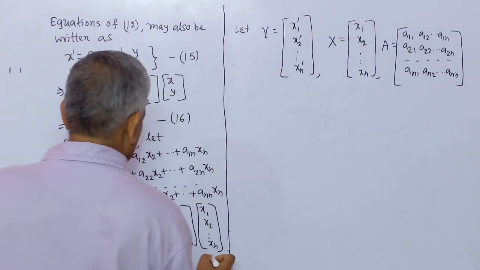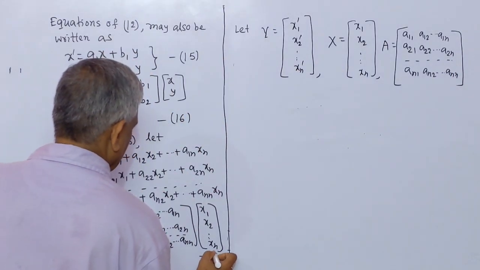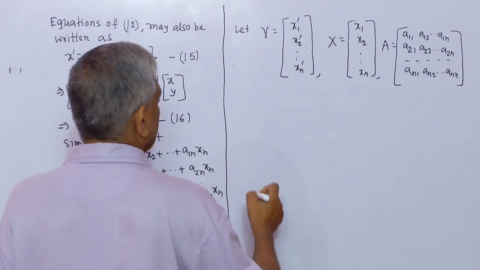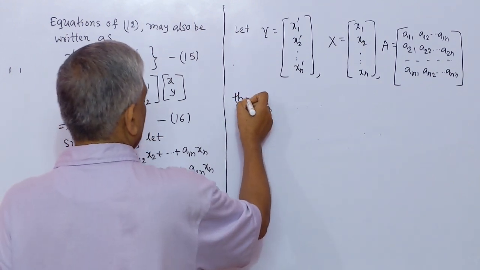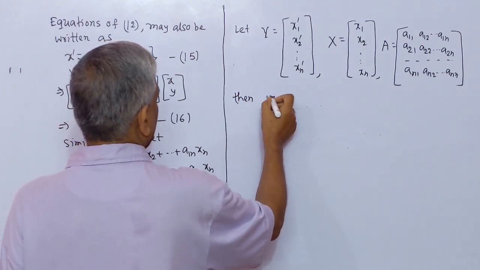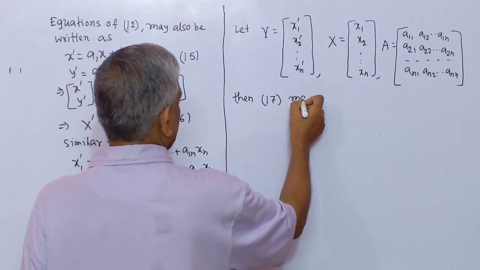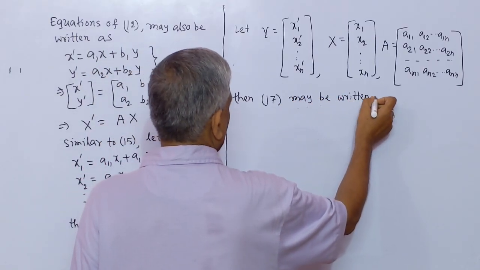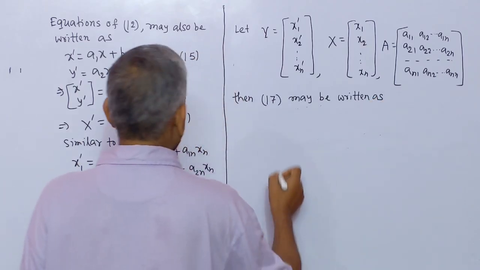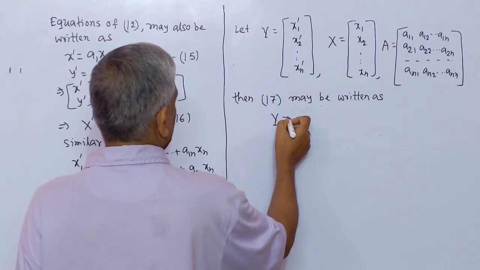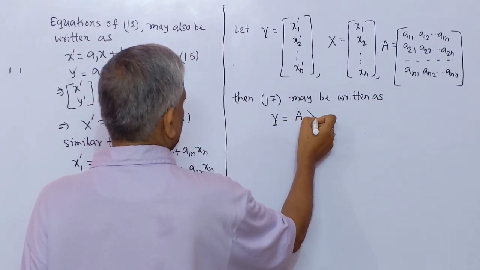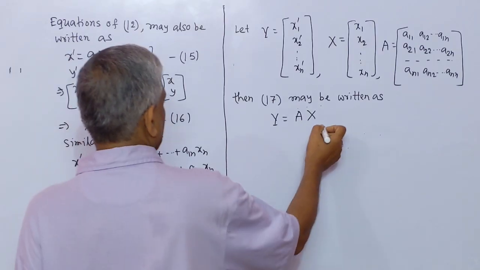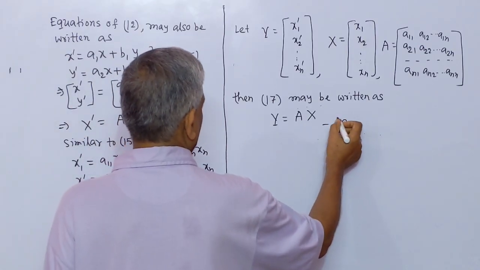Let this be number 17. Then 17 may be written as capital Y equal to A capital X. Let this be number 18.